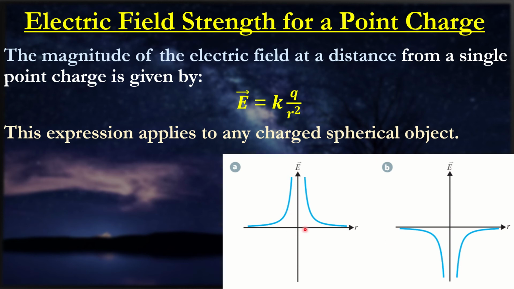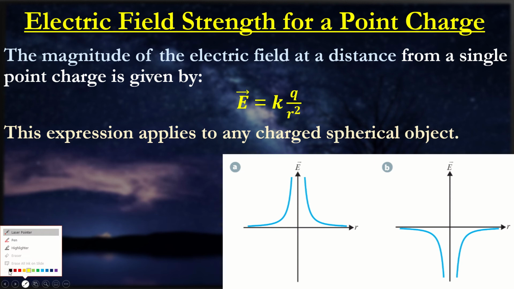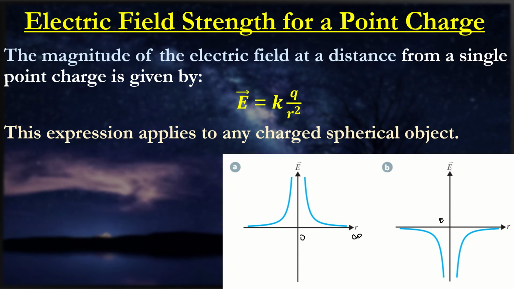Imagine our radius point is 0 here, and this is our infinity point. And remember, the electric field can be positive or negative depending on where you're looking at the field.